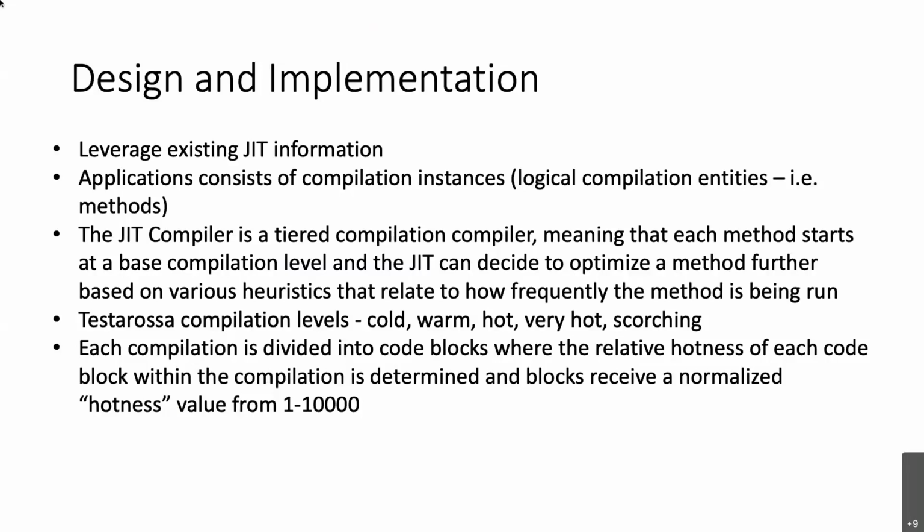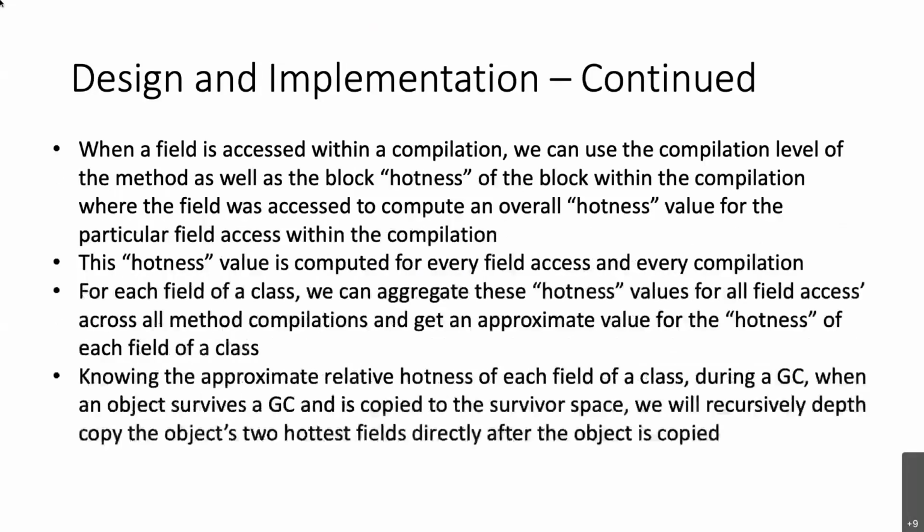Each compilation is divided into code blocks where the relative hotness of each block within the compilation is determined, and blocks receive a normalized hotness value, for all purposes I'll say between 1 and 10,000. So when a field is accessed within the compilation, we use, so this is an optimization pass that was implemented by Andrew Kreck, who I believe is on the call right now.